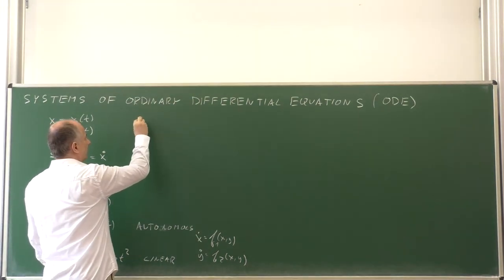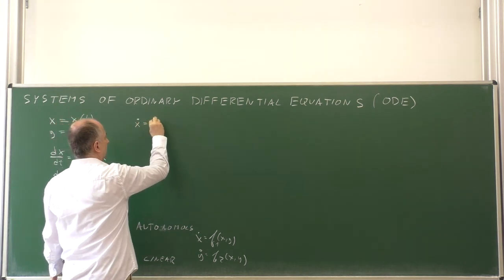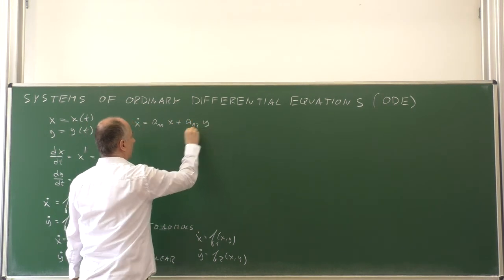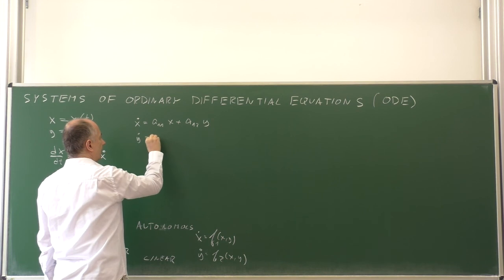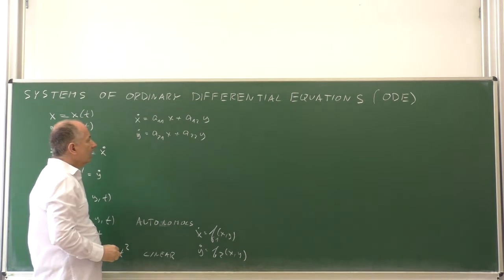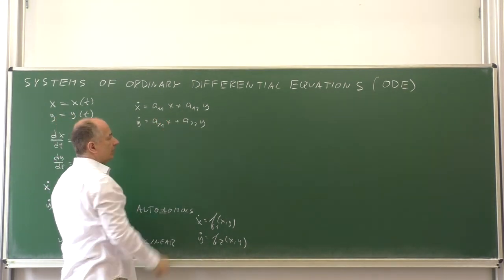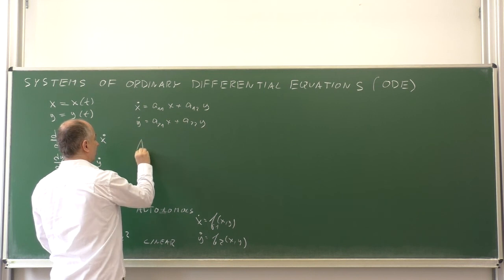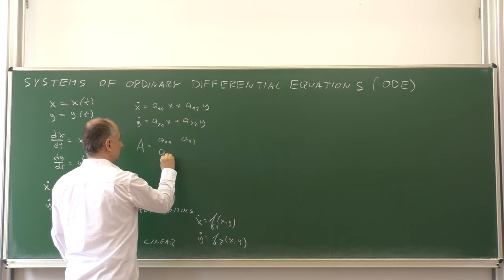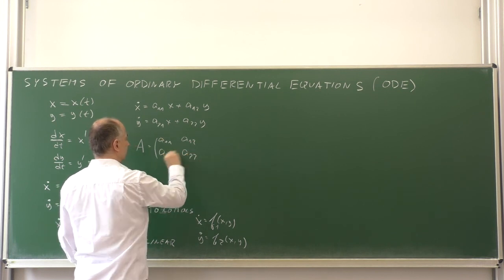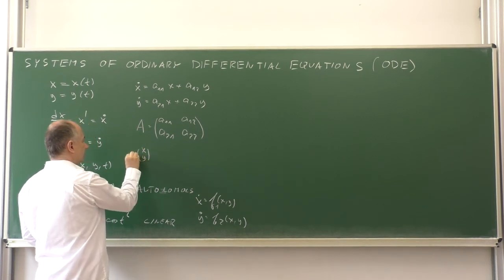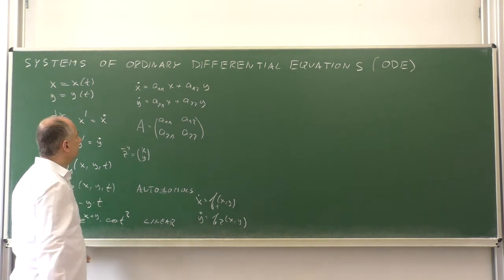In general, they may be in the form x dot is a11x plus a12y, and y dot is a21x plus a22y. Then we can arrange these numbers into a matrix, a11, a12, a21, a22, and we can call the vector (x, y) z with an arrow.